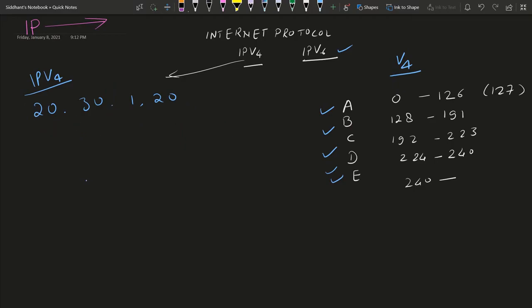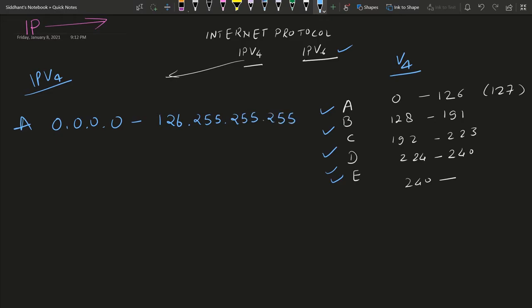Okay. Now there are 5 classes of IPv4 addresses. The first class is class A. Class A is from 0 to 126. It means it is from 0.0.0.0 to 126.255.255.255. This is a class A category, or you can include 127 also here, because this 127 address space is for your local host.